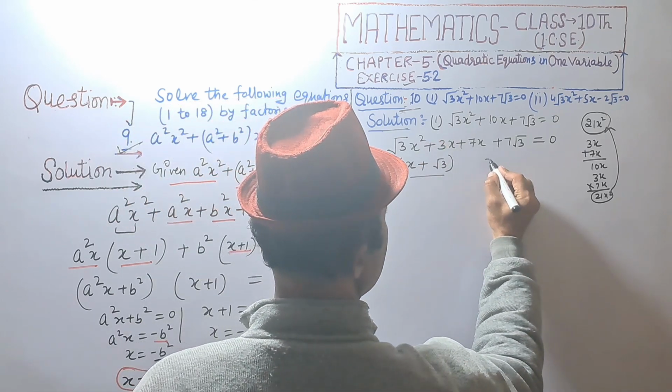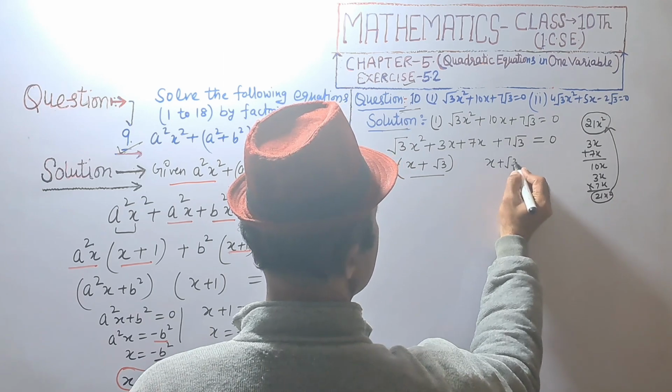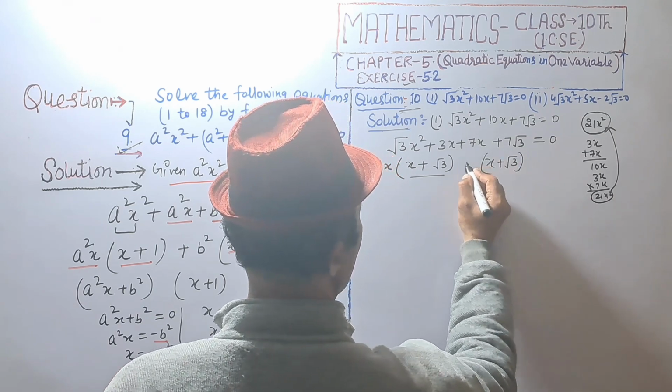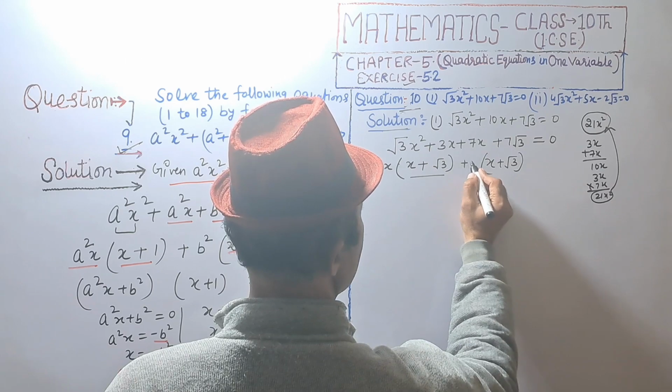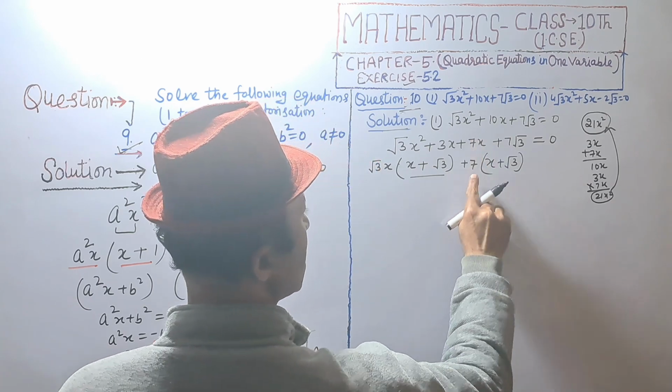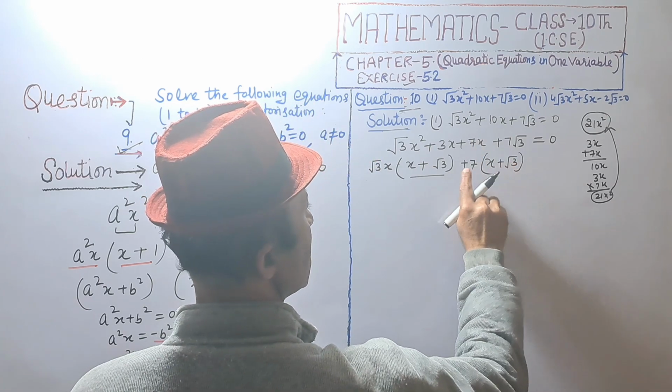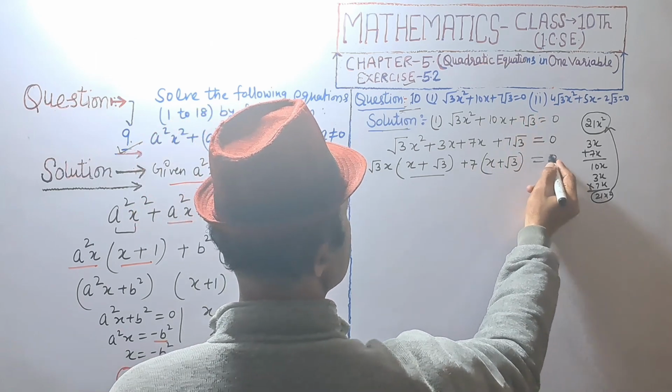And similarly x + √3 in bracket and common is 7. 7 into x is 7x, 7 into √3 is 7√3, equal to 0.